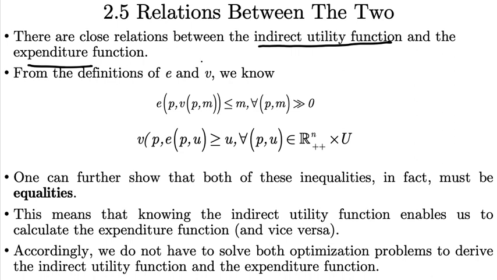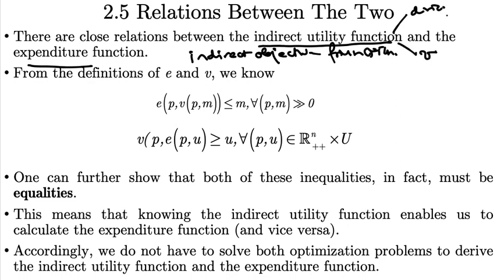Both of them are what we call indirect objective functions for consumer optimization. For the indirect utility function we call it V, while the direct utility we call it U(x). For the expenditure function, we have M equals P·x, but for the indirect one, it is E(P,U). So from the definitions of the indirect utility function V and the expenditure function, we know we have these two things.